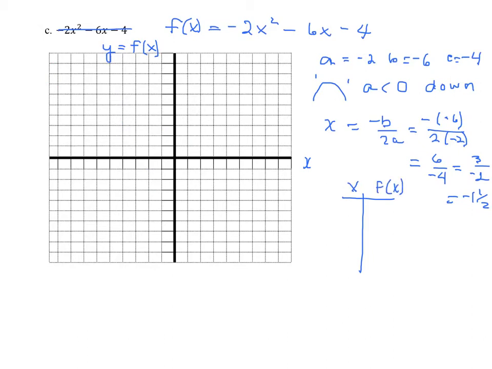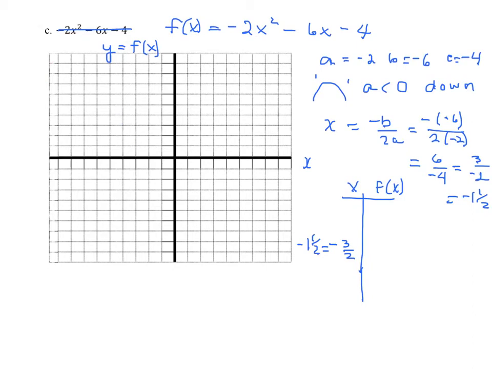So we're starting off with negative 3/2, which is negative 1.5, correct? We'll get the y value or the f of x value in a second. Now we're going to take a look at going up and down from there. Well, basically negative 1.5.